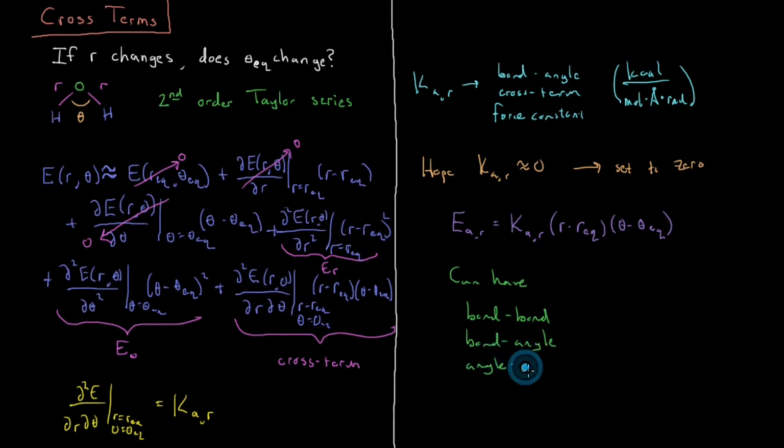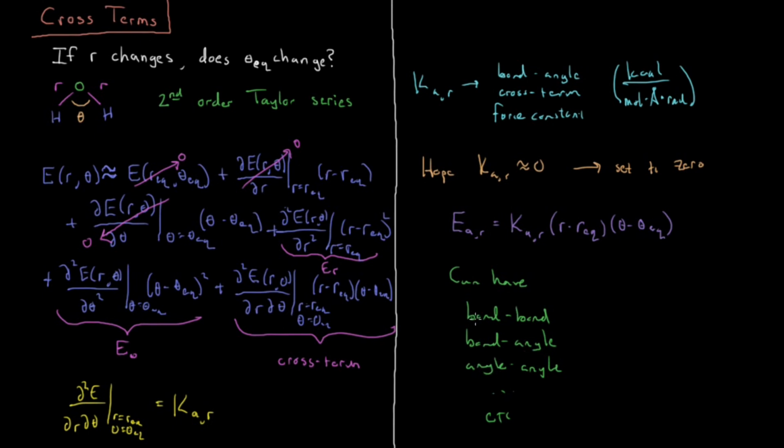We can have angle-angle cross terms, etc. So two different bonds, if these bonds weren't the same, if one were to have different parameters than the other, then we could have a cross term between them. We could have cross terms between various angles in a molecule, like the cross term between the HCH and HCO bond angle in formaldehyde that we looked at earlier.